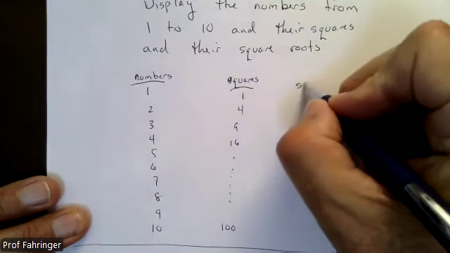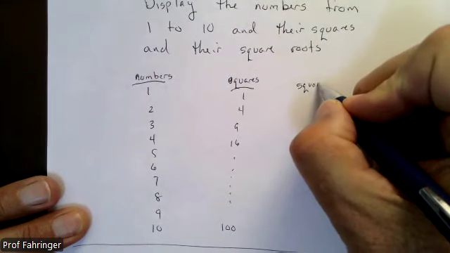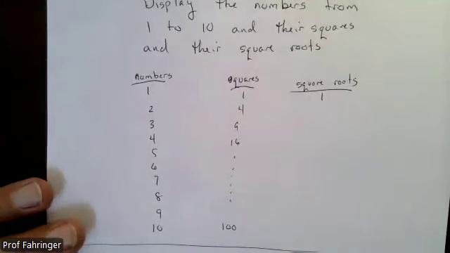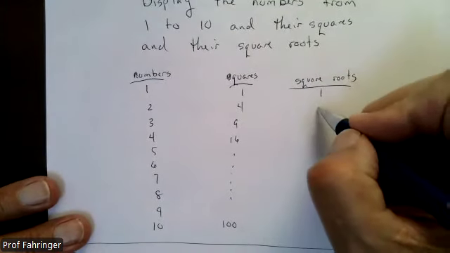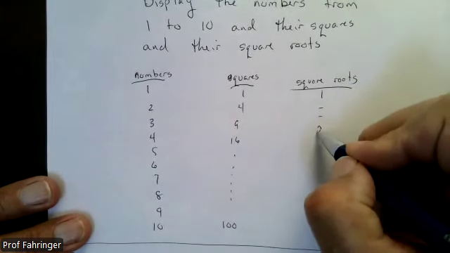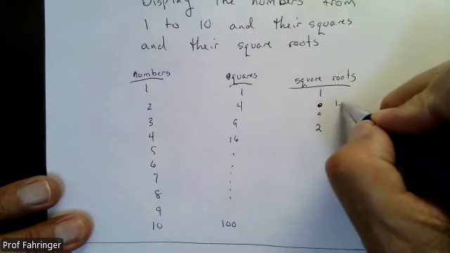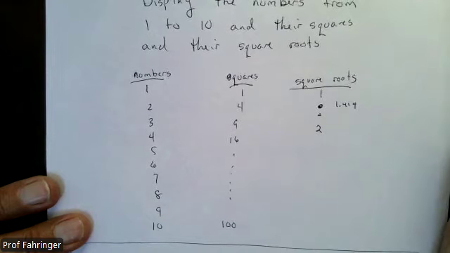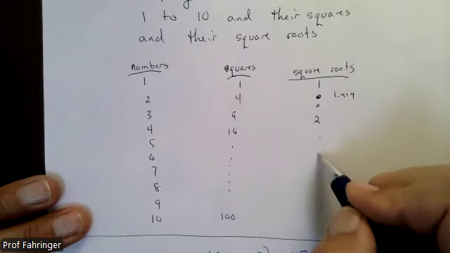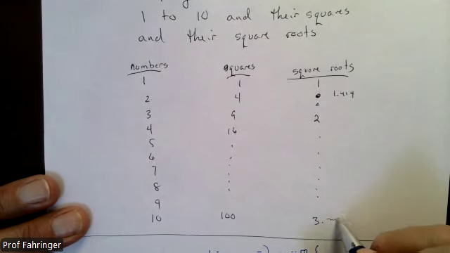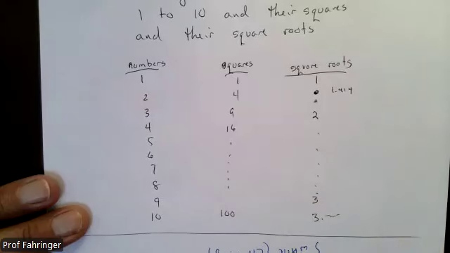And their square roots. The square root of 1, then the square root of 2, which is like 1.414 or something like that. Print out all of their square roots, all the way down to the square root of 10, which is 3 point something. 9 is 3, yeah, I know that one.